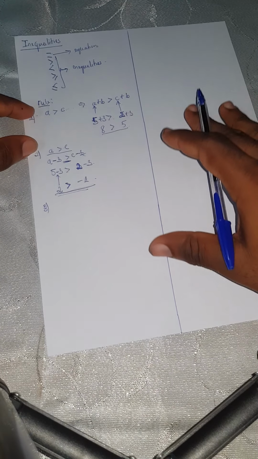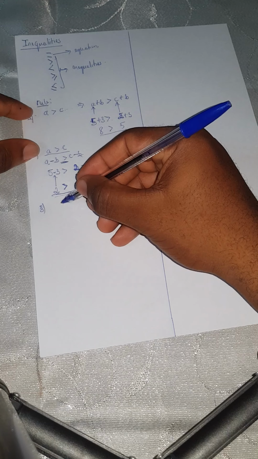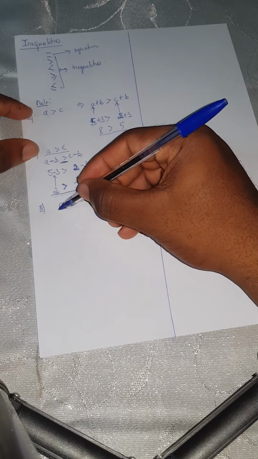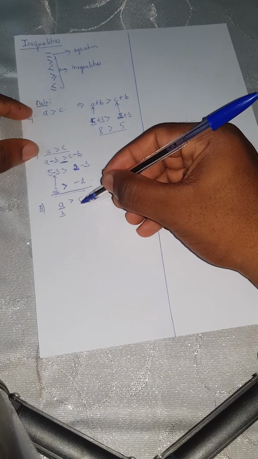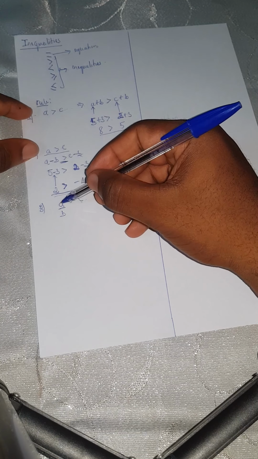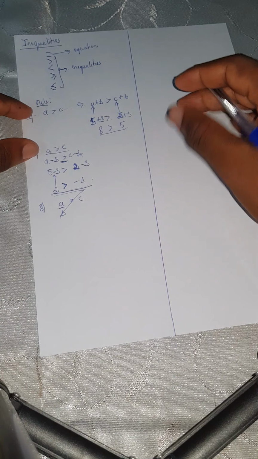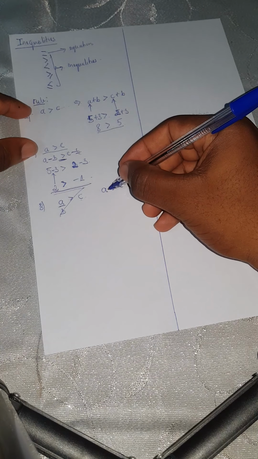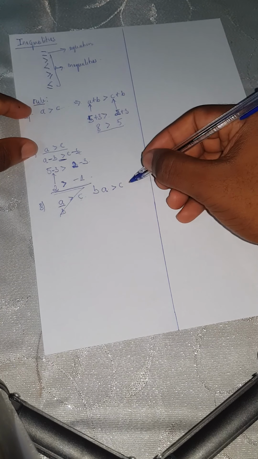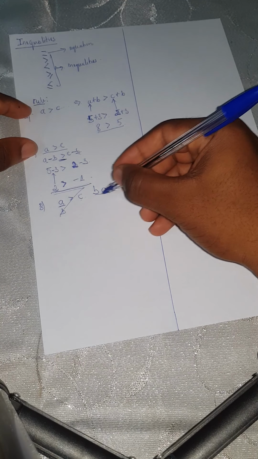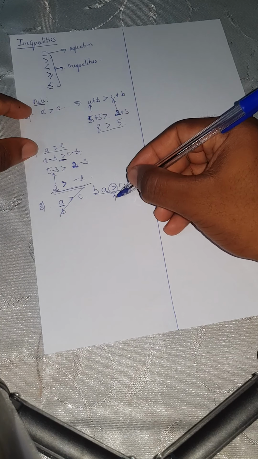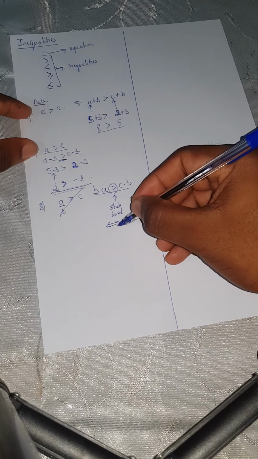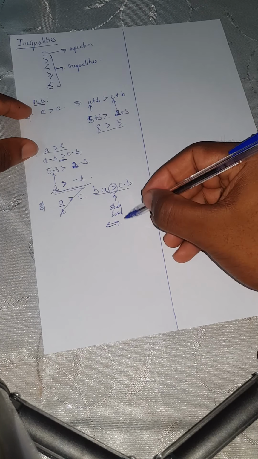The third rule of the inequality is about multiplication. The multiplication rule of inequality states that if I have A greater than C, and I multiply this side by a value B, and I multiply here by a value B, the position of inequality will stay the same if and only if B is positive.